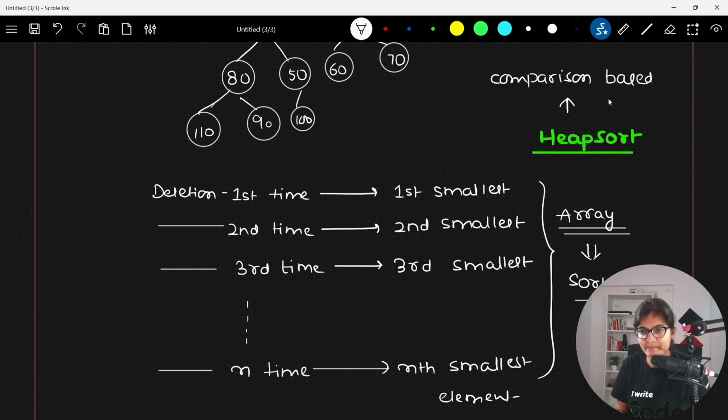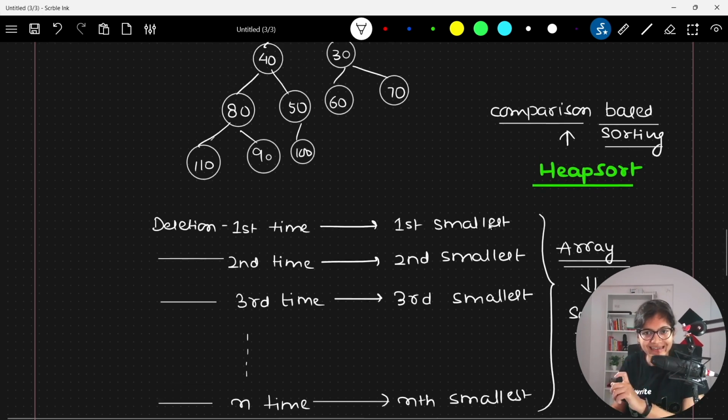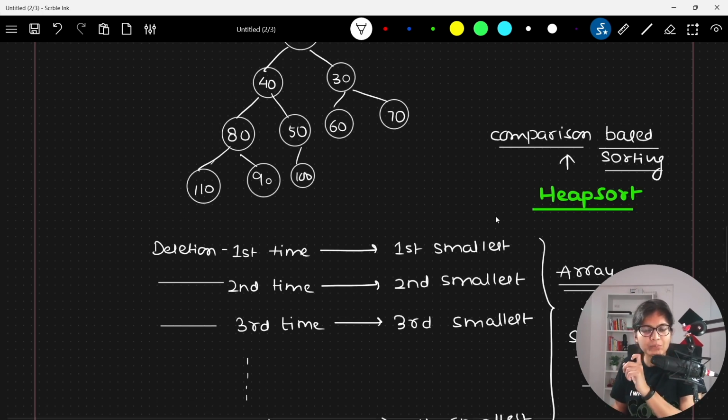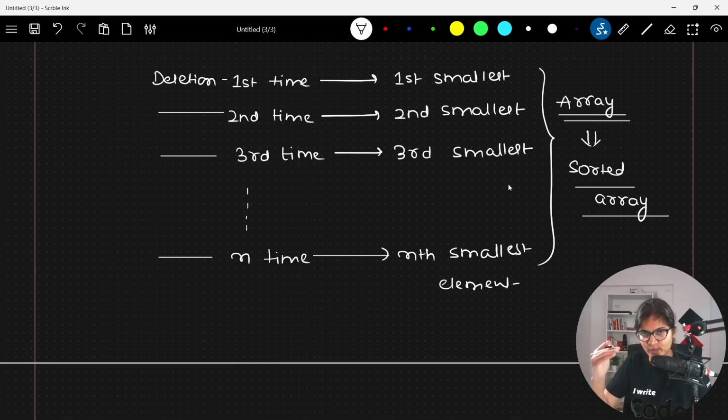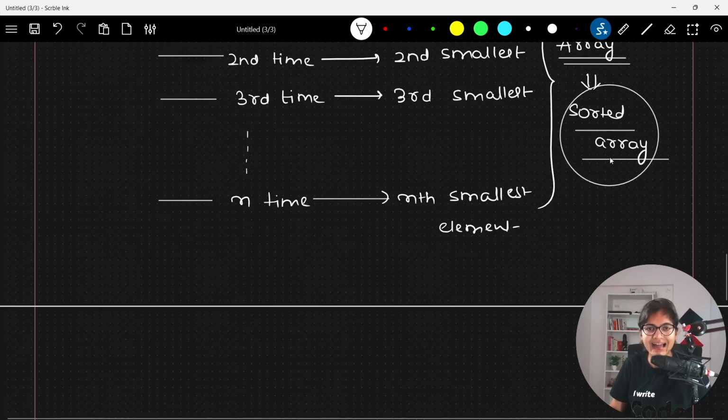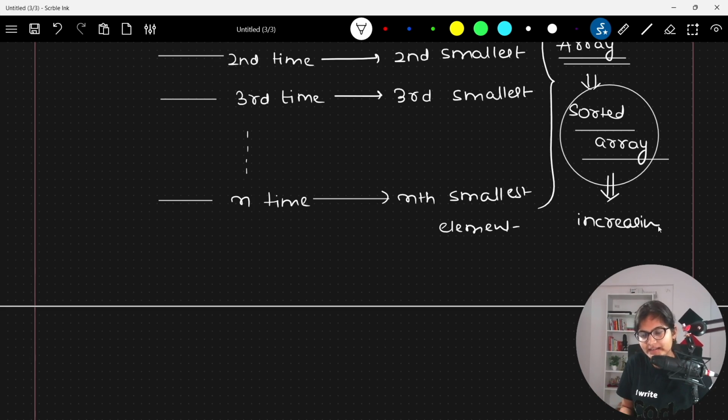Where what we are trying to do is that we are trying to delete the element from the min heap step by step, and we are storing those elements in an array, and you will see that you will be able to get a sorted array in an increasing order. First element will be smallest, then greater, then greater. So in an increasing order, you will be able to get the sorted array.